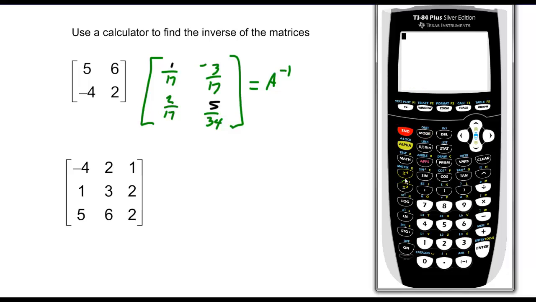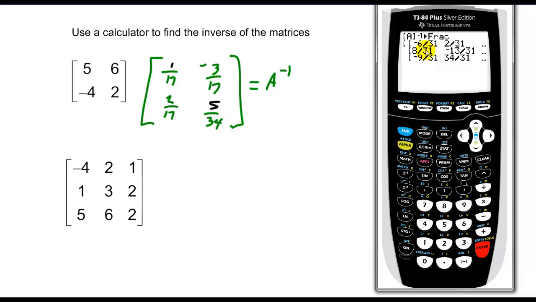I hit once again matrix. I want matrix A, which is my 3 by 3. I want to take the inverse, and then I want to make sure I have a fractional answer, so I hit math frac right off the bat, and it'll calculate the matrix with fractions.